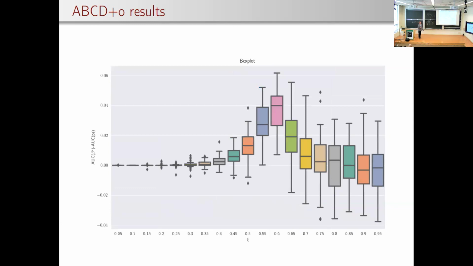Okay, but the interesting result is here: because we take a lot of graphs, we can compute a box plot for the difference between our beta star score and the participation coefficient score. So we see that at a low noise level we have the same results, which is of course good, but at a high noise level we have what we expect, that we cannot say that we choose outliers well with either method.